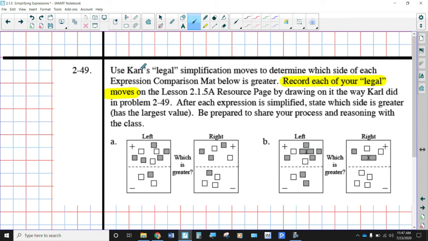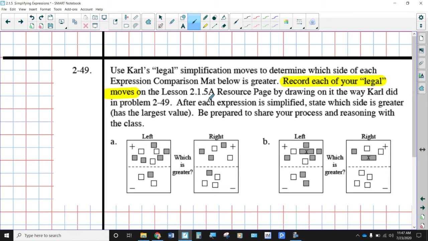All right, so this is going to ask us now to use these legal moves, and I guess maybe I should mention, for this lesson, I'll make sure to have this resource page on Google Classroom so that you can download it, you can print it, and have it in front of you, so you can do this recording.